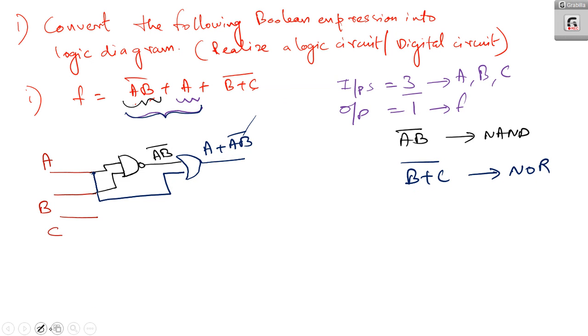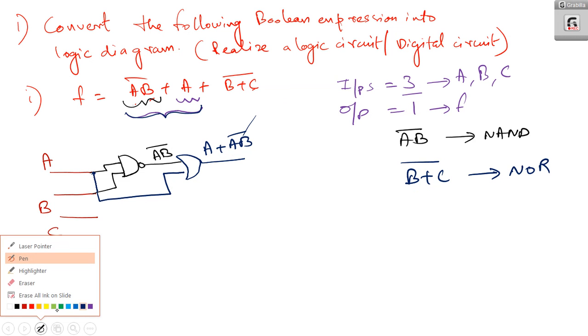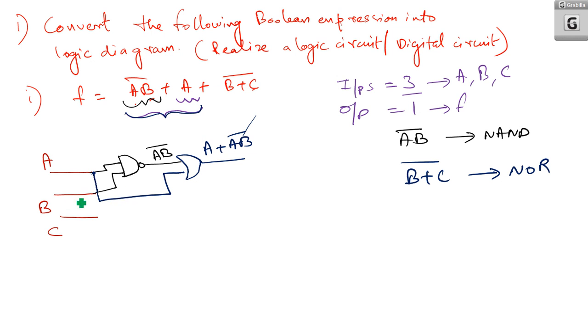So first I will go with B or C. So I am taking B, and C is there. Now B or C whole bar. So here what we get? This is B or C whole bar.